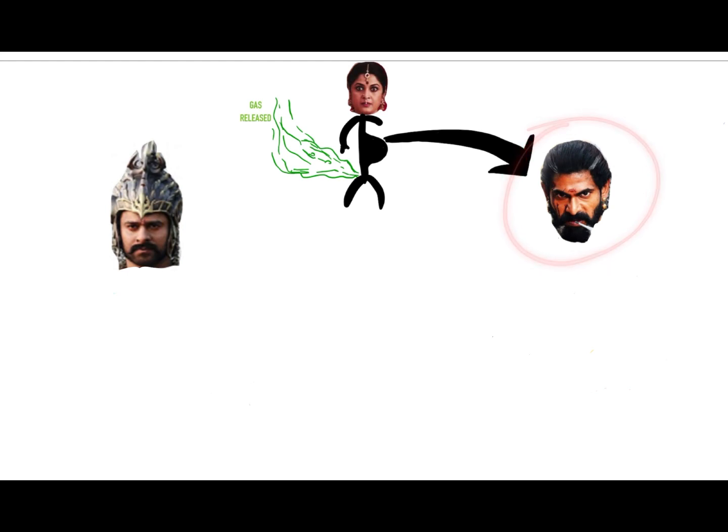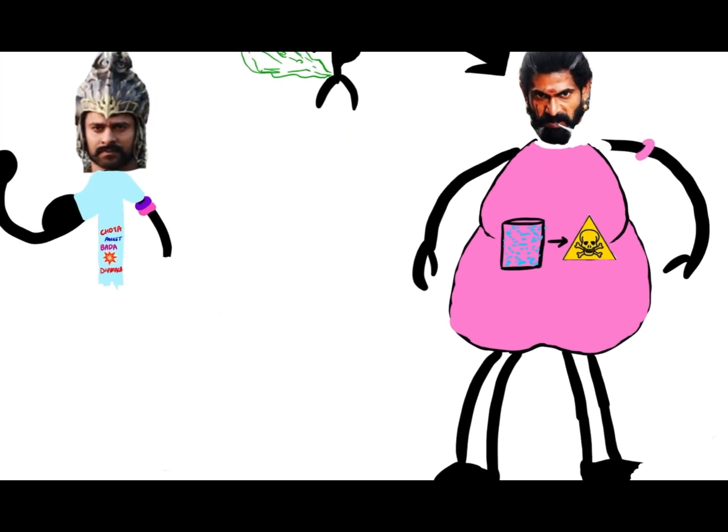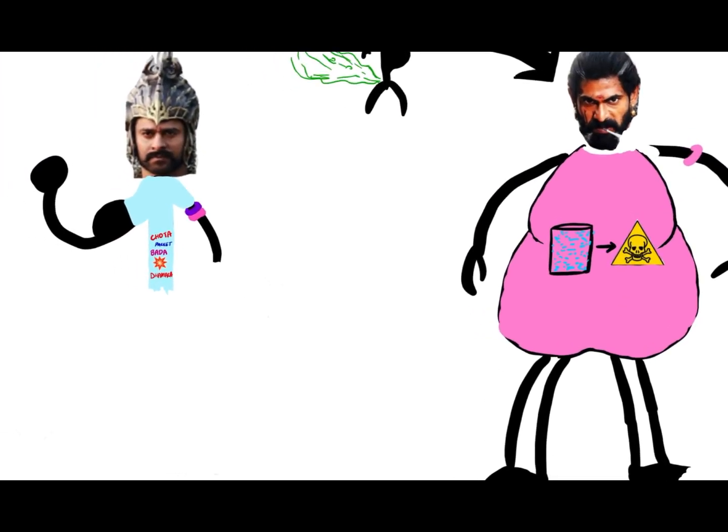Here the Balaldev, the endotoxin, is an integral part of the womb of Shivagami, that is the bacteria. Now let's understand a few features about our both heroes here. Those are Bahubali and Balaldev, who are respectively exotoxin and endotoxin. So be clear with that, right?